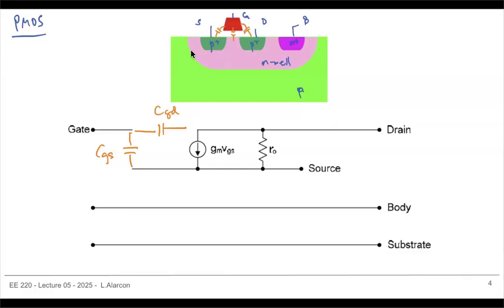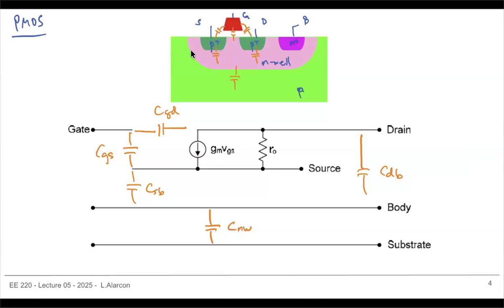And then you do have the PN junction capacitances, CSB and CDB. However, again, this is a well, and it connects to the P substrate. Then you do have a capacitance here. It's an N well capacitance to the substrate.